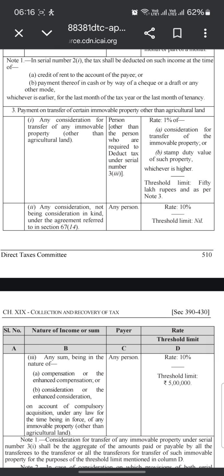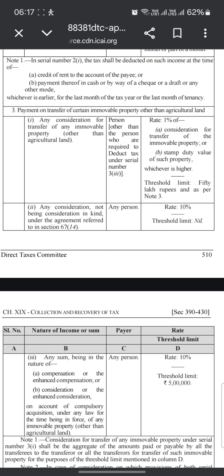Note, in serial number 21, tax shall be deducted on such income at the time of credit of rent to the account of the payee, or payment thereof in cash or by way of cheque or draft or any other mode, whichever is earlier, for the last month of the tax year or the last month of the tenancy.